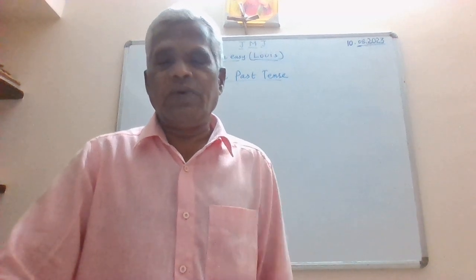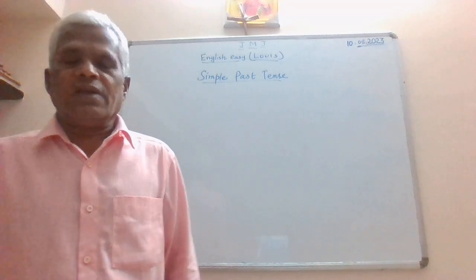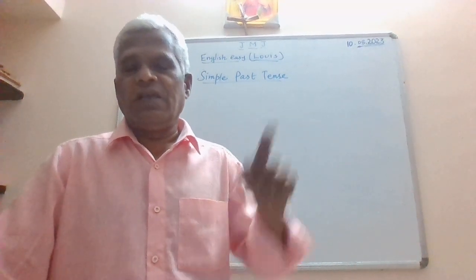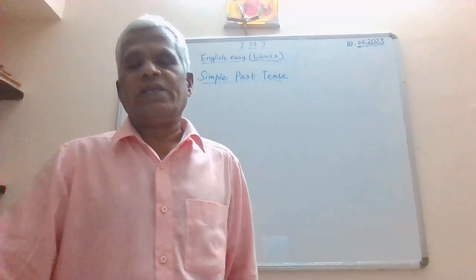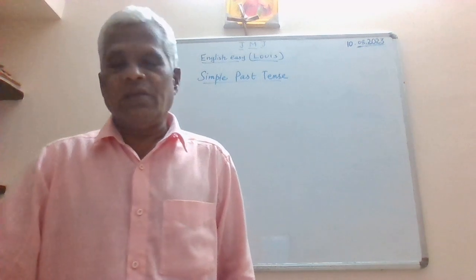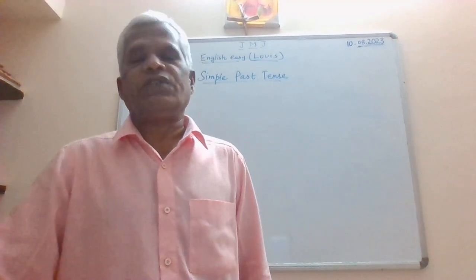If it is a regular verb, it will end with ed or t. If it is an irregular verb, you will have to identify correctly the present tense of that particular verb. So these are small basic clues that I could give you before we go into the tense as such.